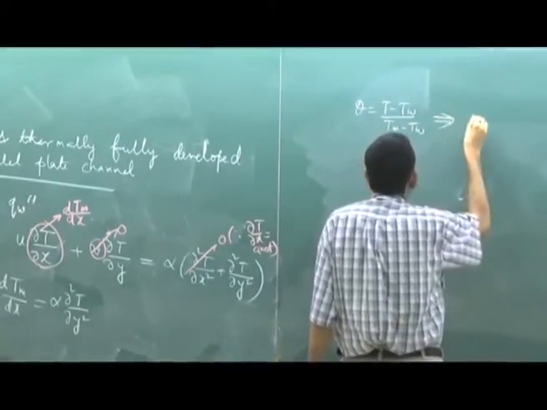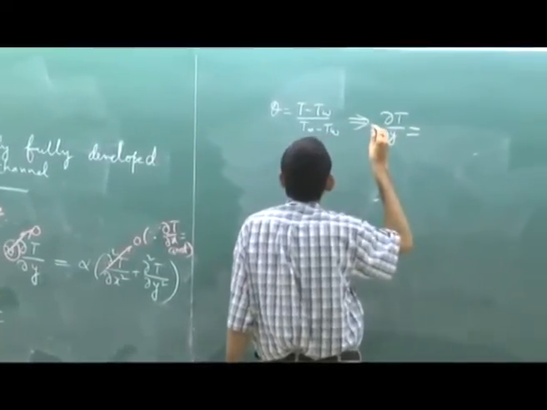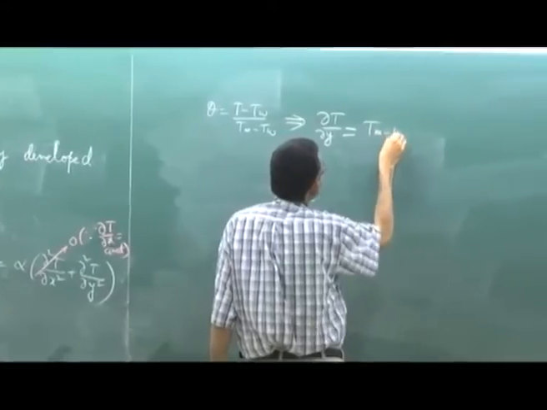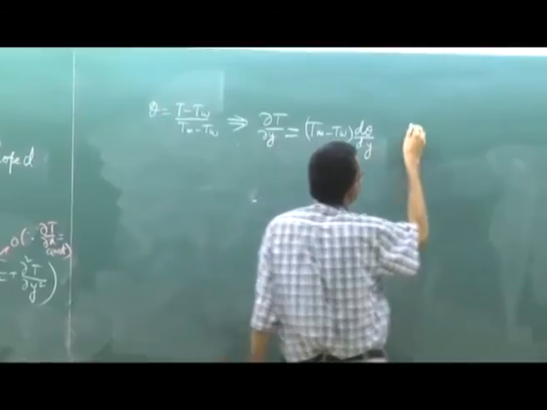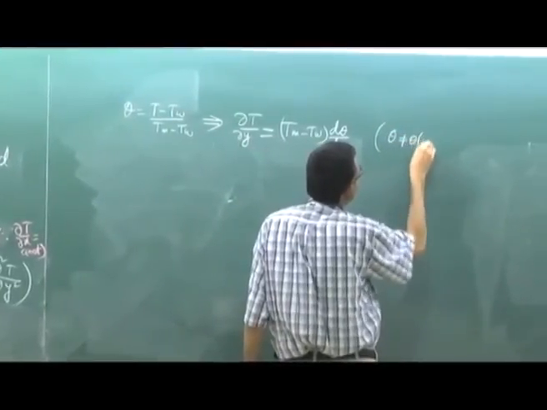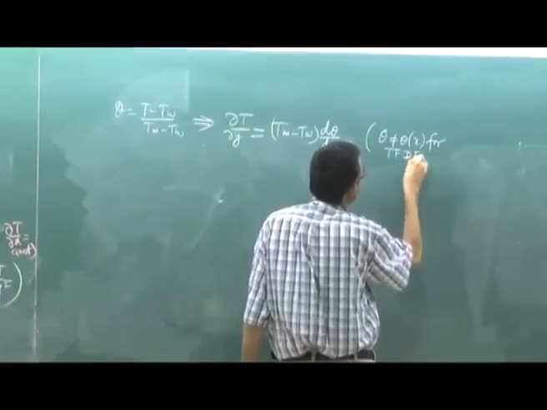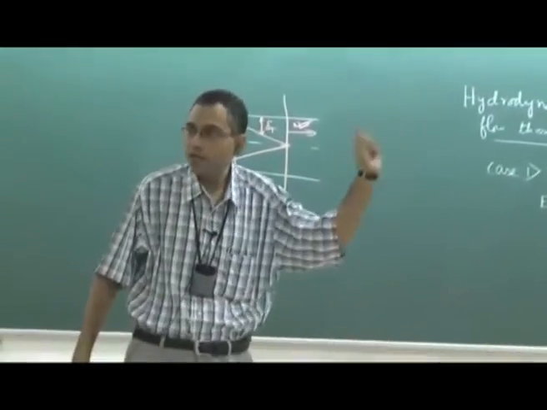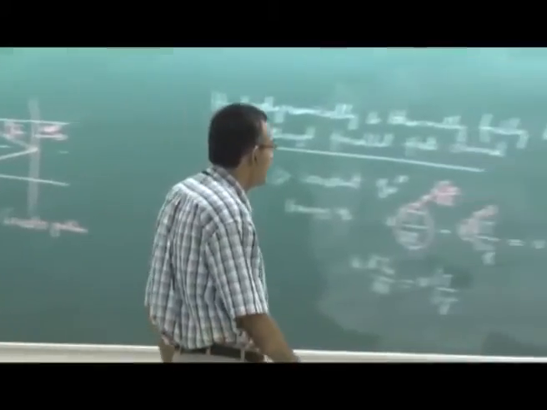So you can write del T del y. Remember T wall and Tm are functions of x, so with respect to y derivative those are like constants. Similarly the second derivative.